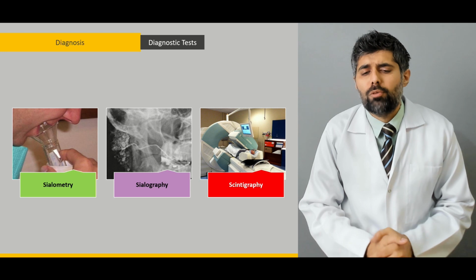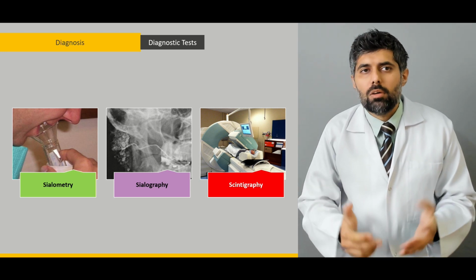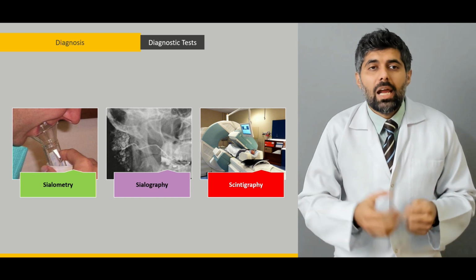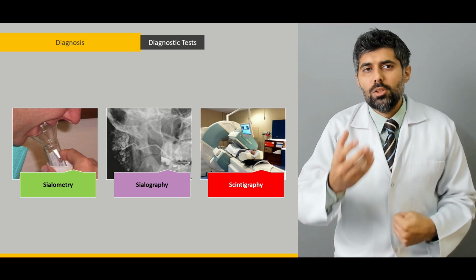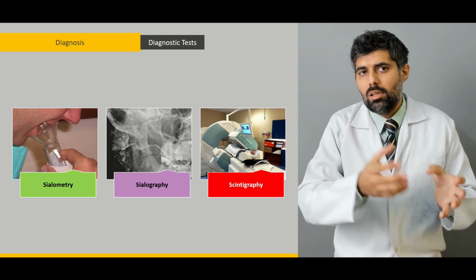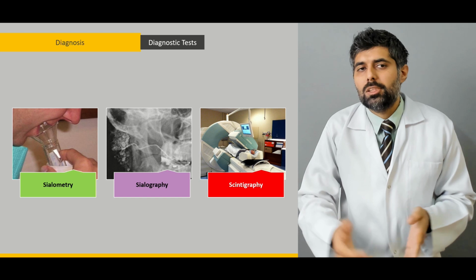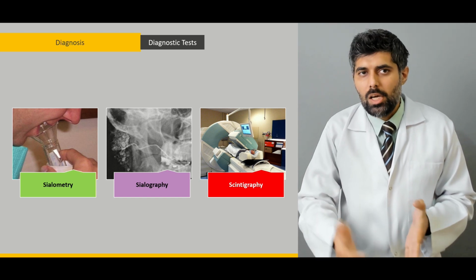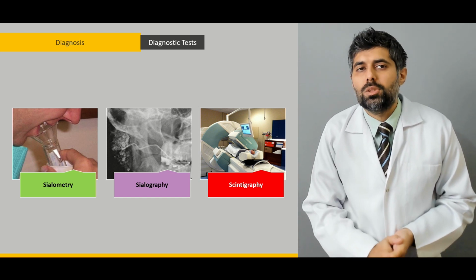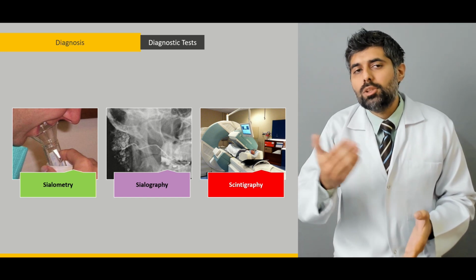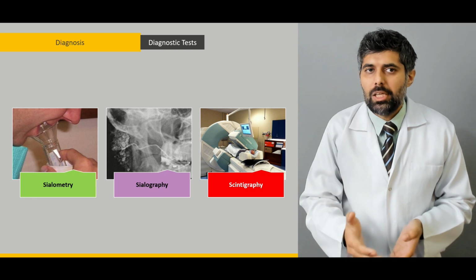We can also perform scintigraphy, where we attach a radioisotope to a drug and then use the radiation released by that radioisotope as it is metabolized by a particular organ. Here we use radioisotopes that are metabolized in the salivary glands and then use the gamma camera to study them.